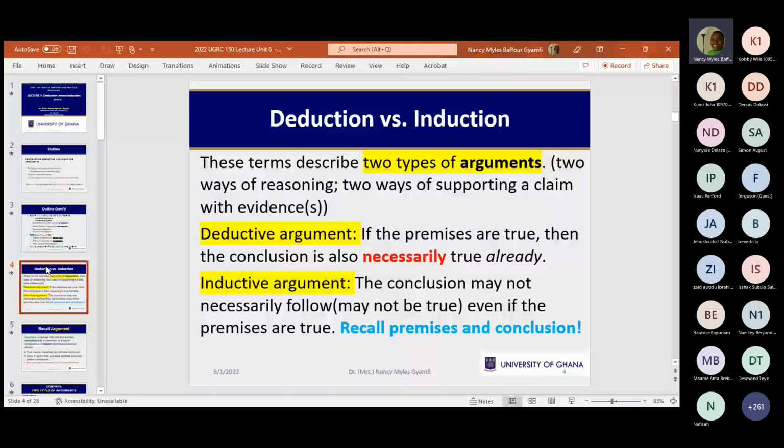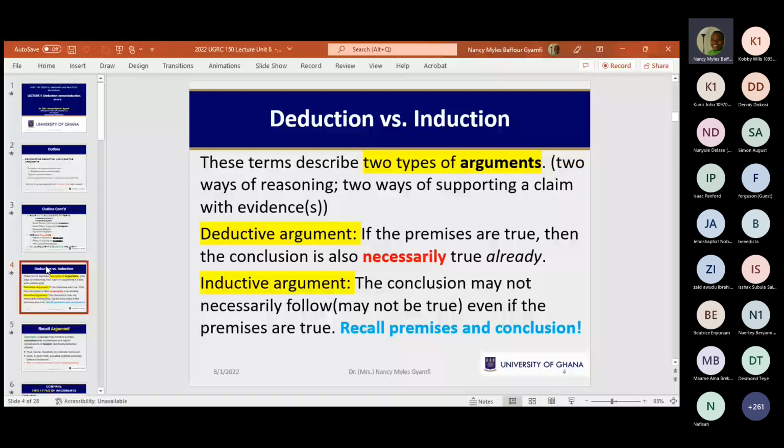And so I gave some scenarios to help students understand that. And I said, think of the conclusion of a deductive argument as what? A baby who is inside a pregnant woman. The pregnant woman, which is the premises here, contains inside of her the conclusion.